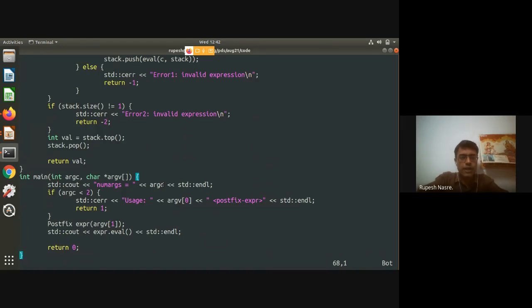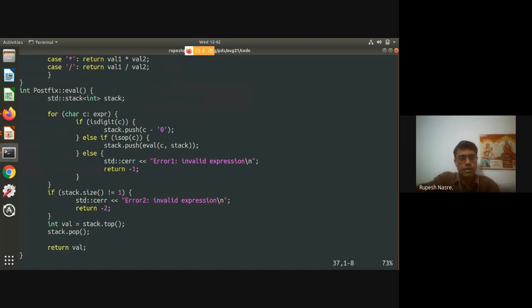So the eval function is going to be our algorithm, this without argument, which gets called from main. So that is making crucial use of this stack where we push the operands, the numbers, for each character in the expression. This is just a short form syntax, I think in C++11.